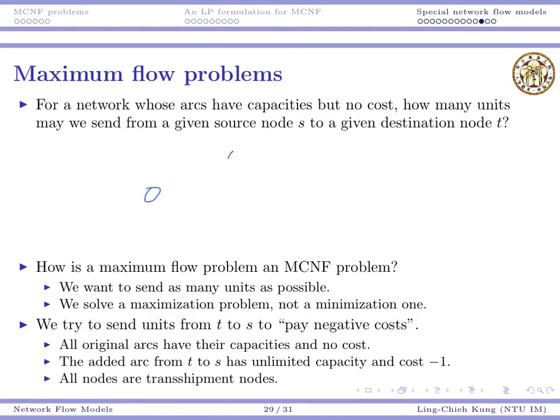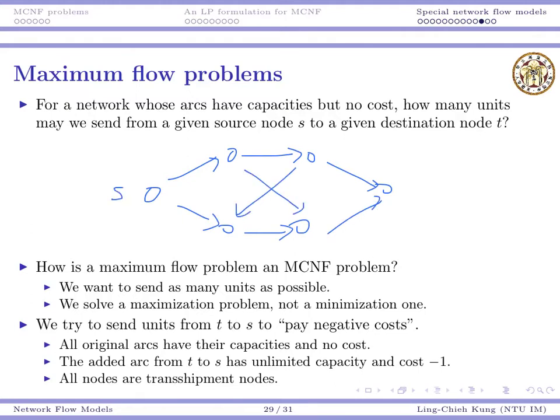For example, suppose this is our network, like this, S and T. For all those arcs, originally there is no cost, right? So in our MCNF formulation, we will say there are no costs. But for T to S, we will add one link. It does not appear in the original network, but now we add one arc from T to S with cost -1.